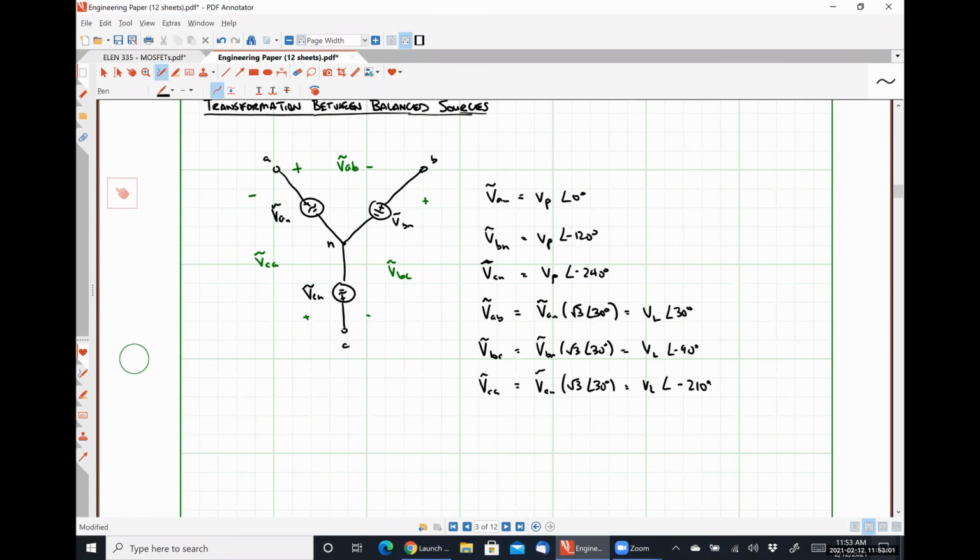I can immediately transform from a Y into a delta just by using that simple conversion factor of multiplying each of my phase voltages times a factor of square root of 3 angle 30 degrees, right?